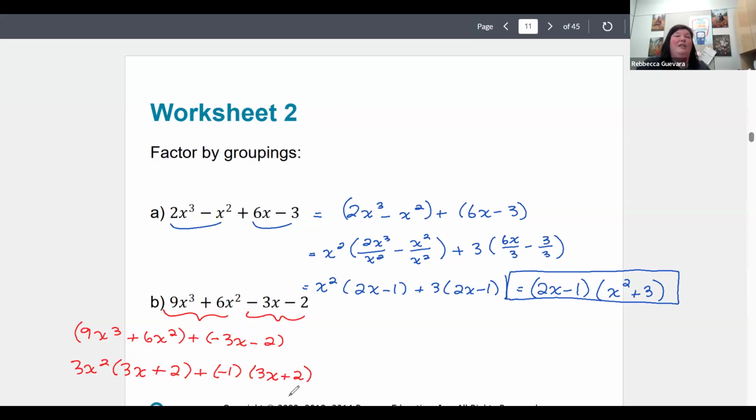If I factor out the negative 1, then I'm left with 3x plus 2. And that means if I can take out that 3x plus 2, then what's going to be left behind is my 3x squared and the minus 1.